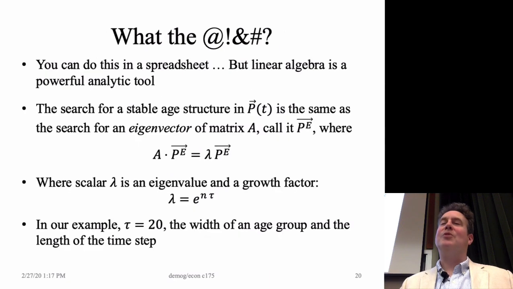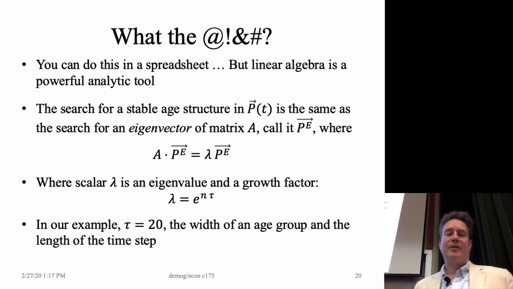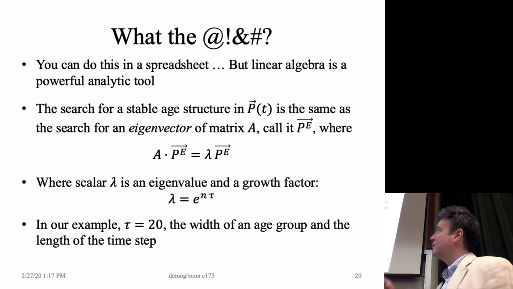Okay. So you might say, what in the world are we doing? Why are we doing this? And the answer is that you can do this in a spreadsheet, but linear algebra reveals some patterns, some magical things that we wouldn't otherwise be able to see in a spreadsheet. When you're searching for a stable age structure, and I hope I've done the math of the eigenvectors and eigenvalues right here, what you're trying to look for is a situation where this is true.